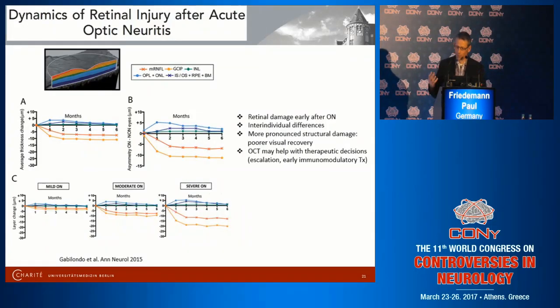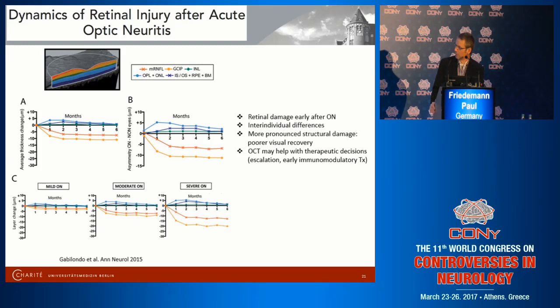Now, there's nice work from the Barcelona group showing that there's a broad range of retinal thinning that may occur following an optic neuritis event. These graphs plot, over a time of 6 months, the thinning of the various retinal layers, in particular the ganglion cell layer. You see there are some patients over here with mild optic neuritis.